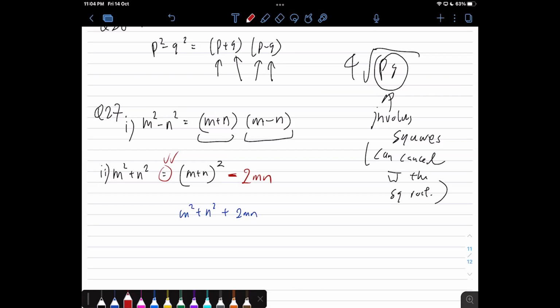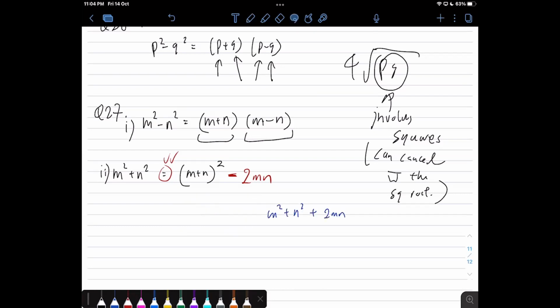Hold on a second, let me think of it. Right. Yes. This is useful because you can always rewrite this as the following.